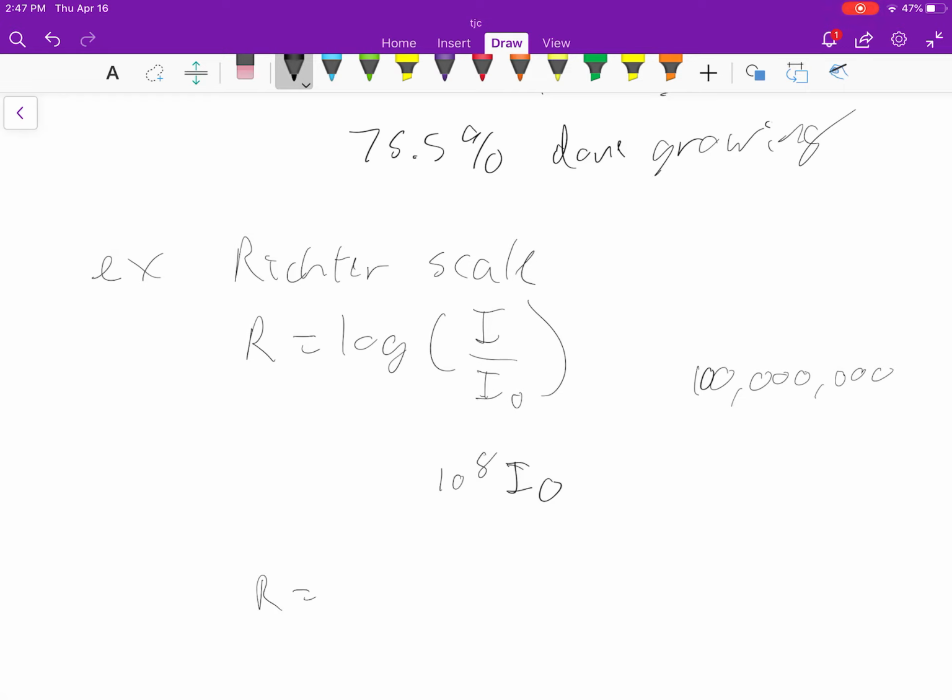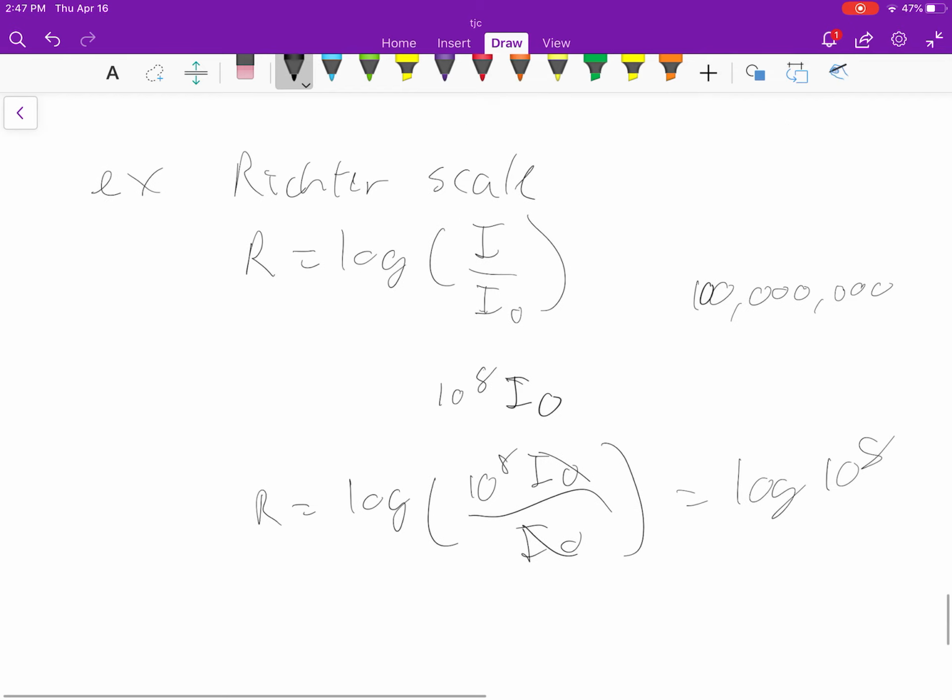So you're going to plug it in. The Richter scale equals log of 10 to the 8th I naught over I naught. Your I naughts cancel out, and you're left with log 10 to the 8th. Remember from our earlier example that the log and 10 to the 8th are inverses of each other, so these cancel, and we just get 8. So it's a measure of 8 on the Richter scale.